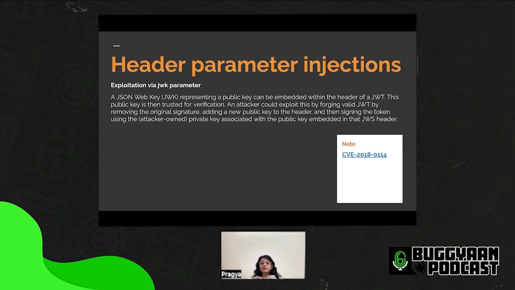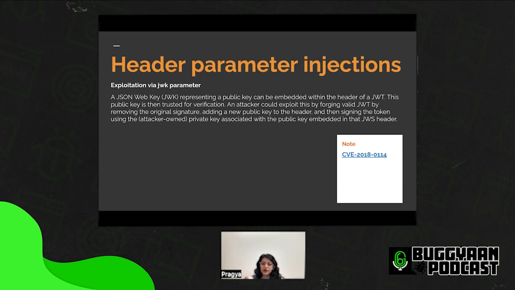So how to exploit this? Now we have a token which has a JWK header and a key in JSON format. What an attacker can do is, once they get the token, remove the signature part of their token, generate their own RSA key pair, sign that token again using their own generated private key, and then paste their own generated public key in the JWK parameter.